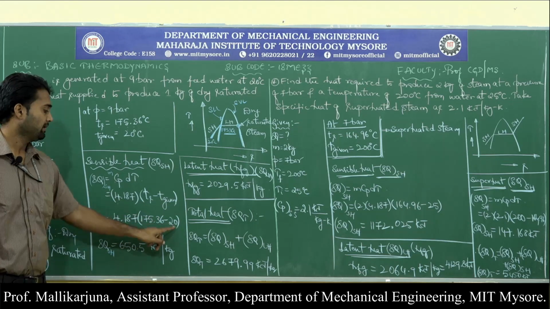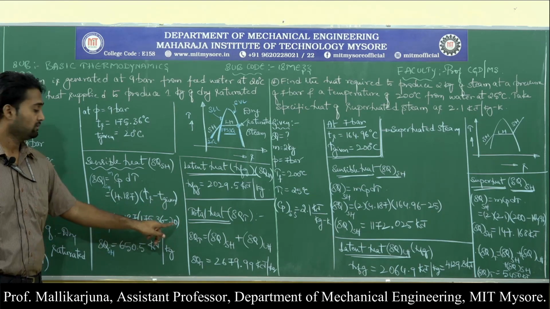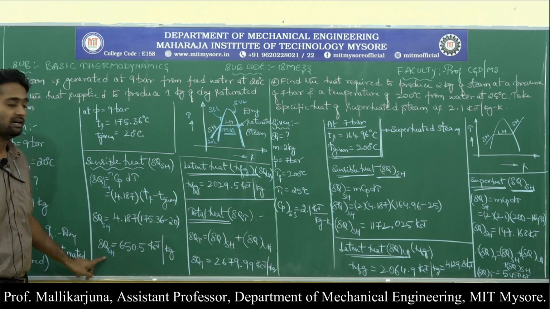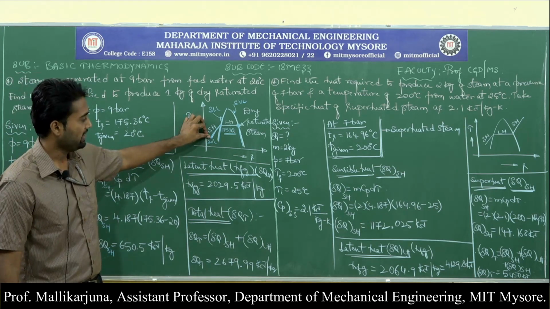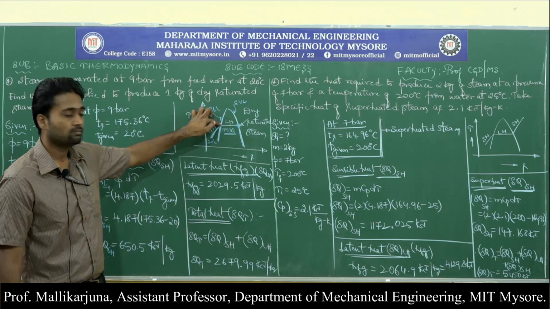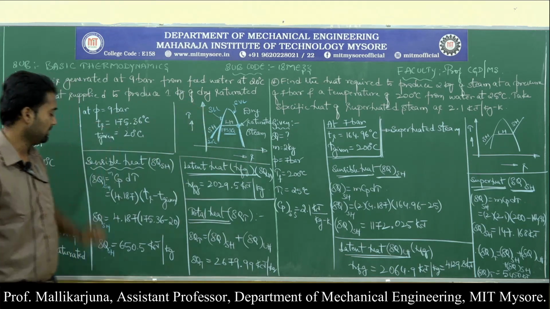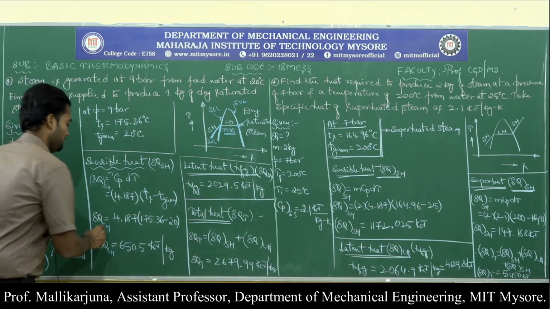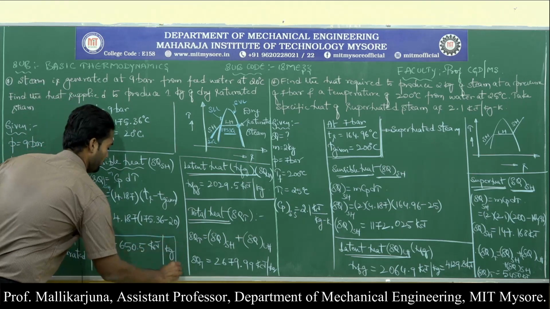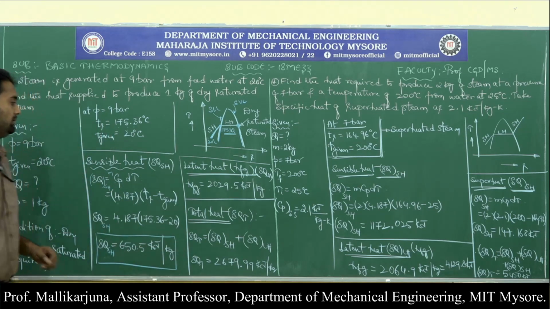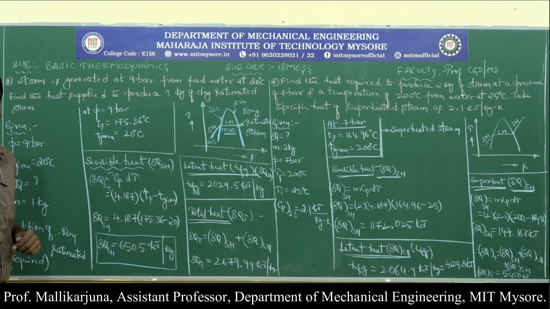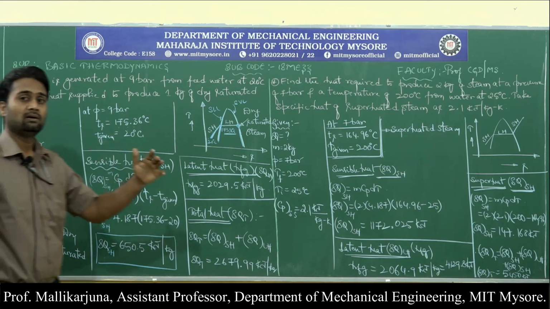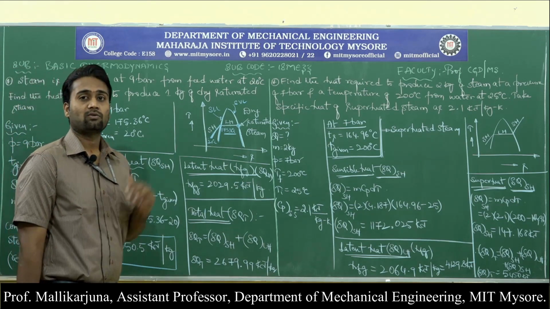Please substitute those two values into this equation. You will get the amount of heat required to take water from 20 degree centigrade to its saturated state, which is nothing but 650.5 kilojoules per kg.